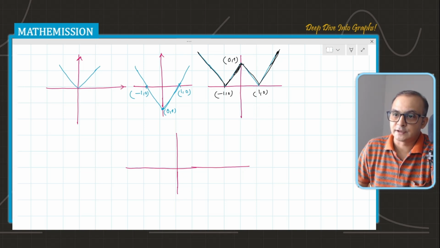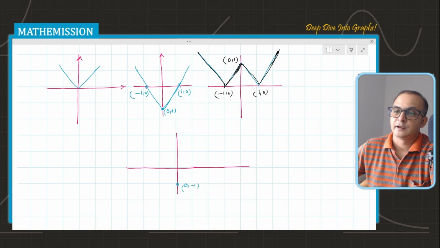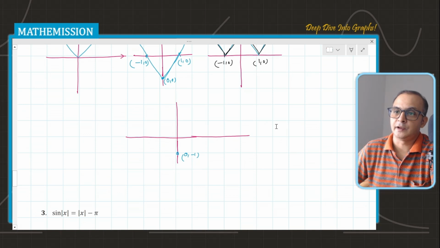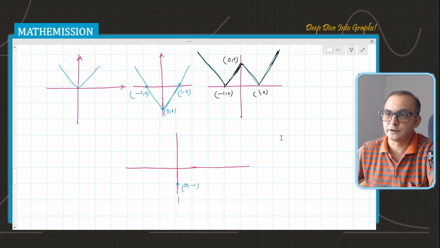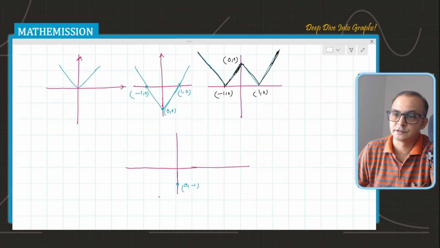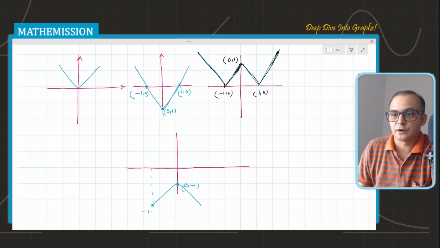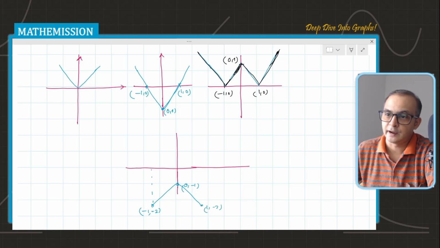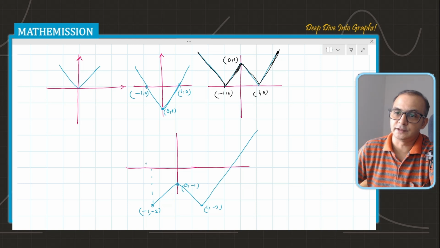So this is our 0, negative 1, and I want to draw the W part of it. So let me take it like this, like this. This point is negative 1, -2. This point is 1 comma -2, and again we draw like this.